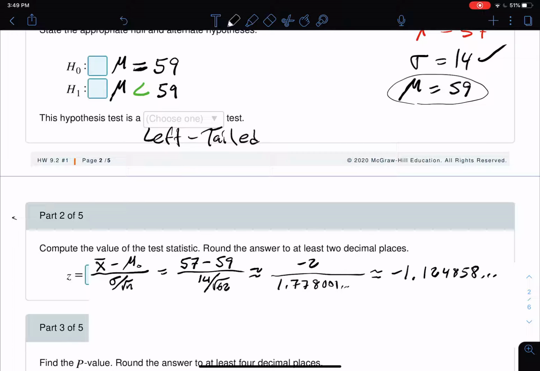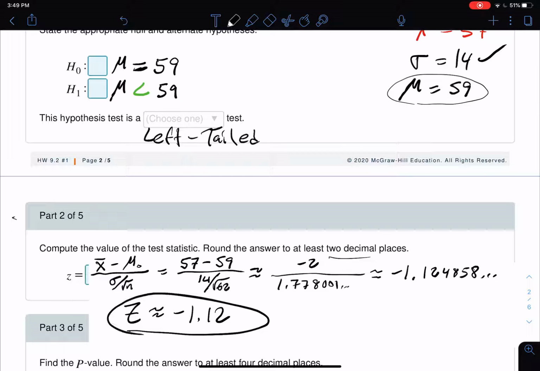It says to round to 2 decimal places in the final answer. Z is approximately equal to negative 1.12. That is our test statistic. Something to remember is that this information came from our sample mean, so this is representing our sample.